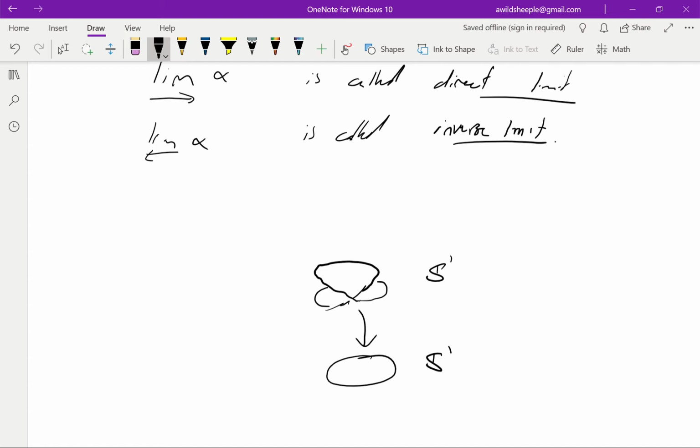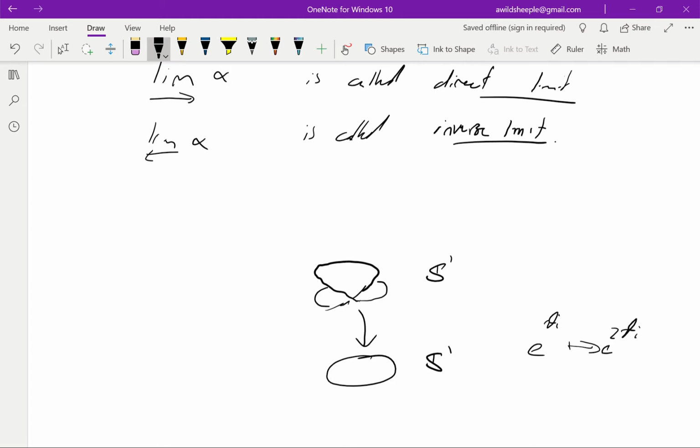What the map does is it's the angle doubling map. So it takes any point, and we send e to the theta i to e to the 2 theta i, regarding these as unit complex numbers. Or if you want to think of it just like, theta maps to 2 theta, that's fine too.